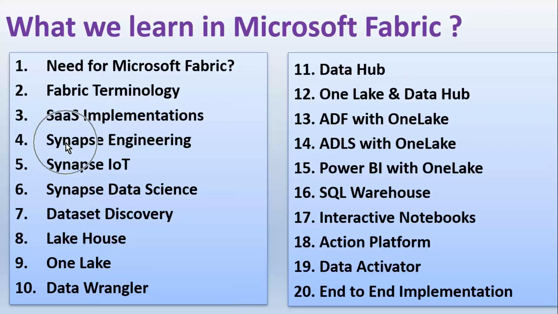We have Synapse Engineering, Synapse IoT, data science components, especially Spark manageable entities, data discovery, lakehouse, wranglers, OneLake hub, which is actually a group of connectors, secured connectors. We have Data Factory and data lake integrations with OneLake, warehouse, data activators, and so on.